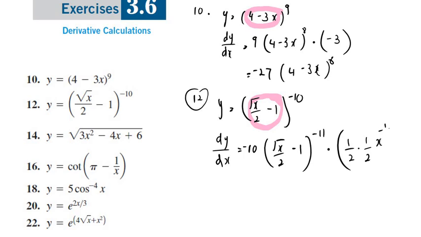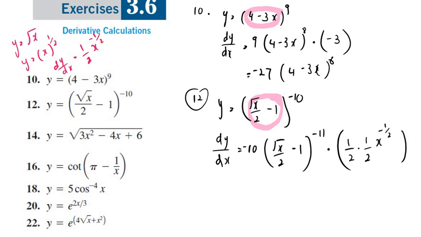That's the power rule. So sorry, it should be minus 10. So when you subtract 1, you get minus 11. Now we multiply by the differentiation of the baby function. So x over 2, square root of x over 2 is half times another half x to the power minus half.